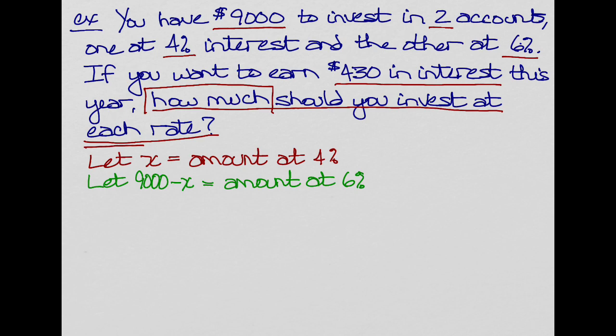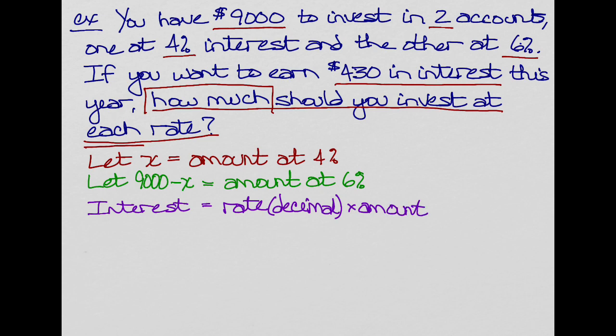We need to know something about how to calculate interest. And in general, that goes like this. I'm going to multiply the rate in its decimal form by the amount that's at that rate.